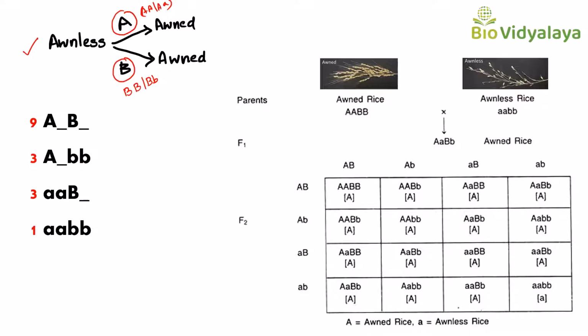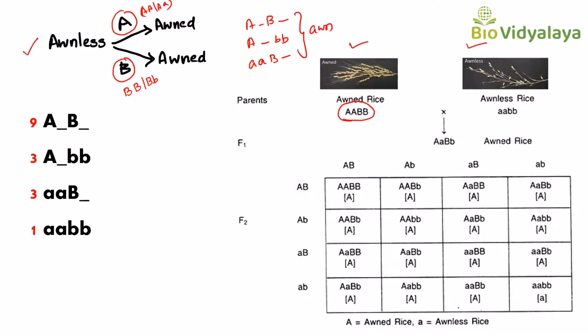So here, this is the cross between awned rice and awnless rice. I told you that the presence of either dominant gene can produce awned rice. Here it is capital A, capital A, capital B, capital B. All the alleles are dominant, so this is awned rice.